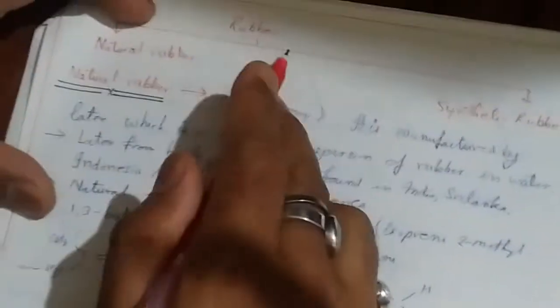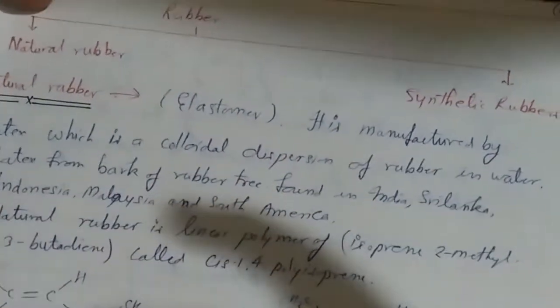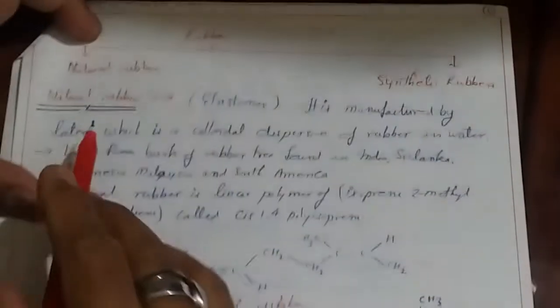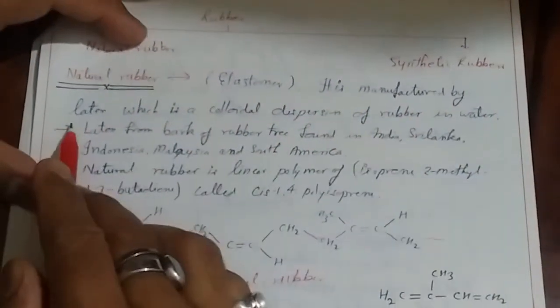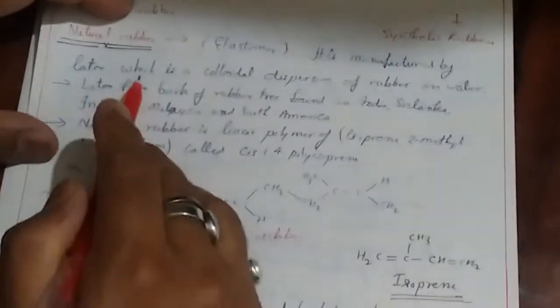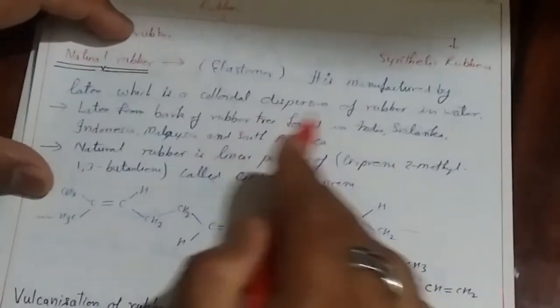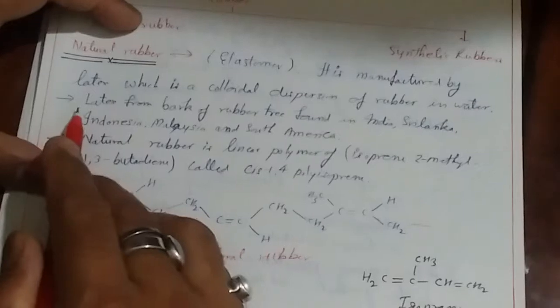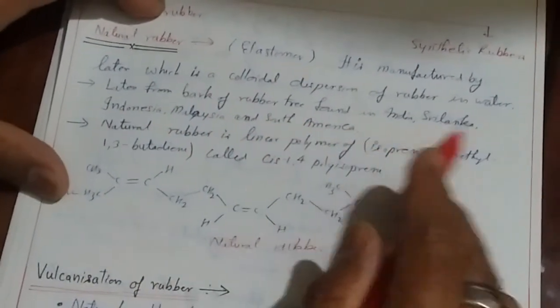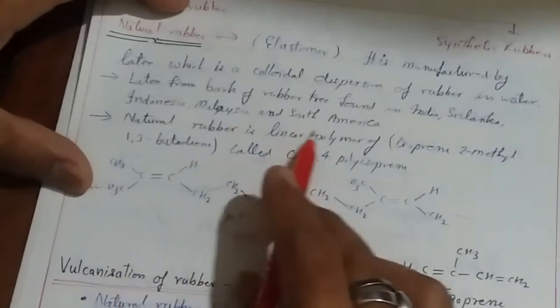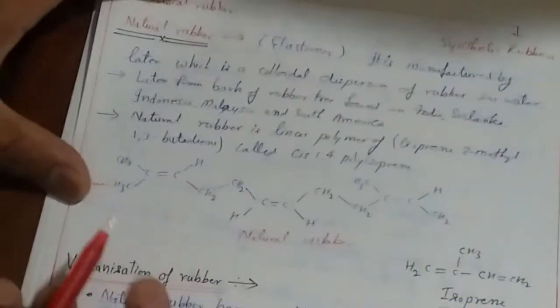These are the types of rubber, natural rubber and synthetic rubber. Natural rubber is an elastomer, manufactured from latex, which is a dispersion of rubber in water. Latex comes from the bark of rubber trees found in India, Sri Lanka, Indonesia, Malaysia and South America.